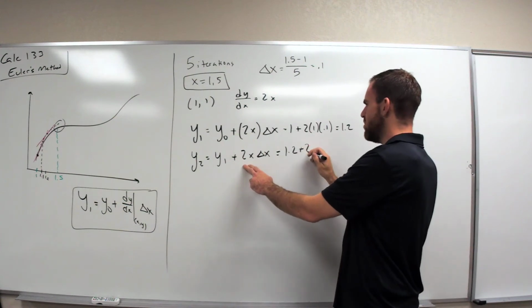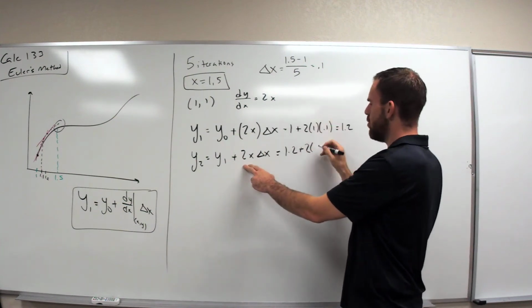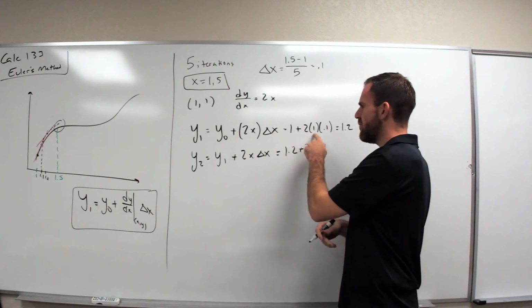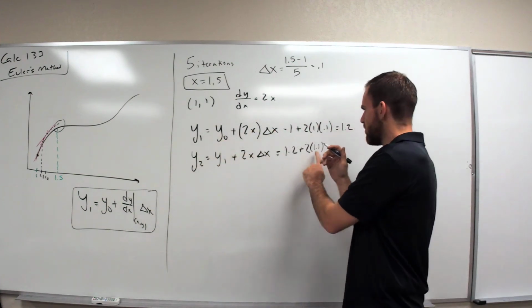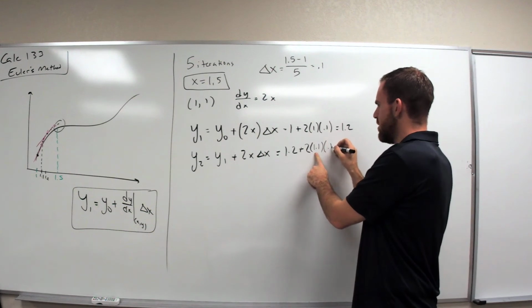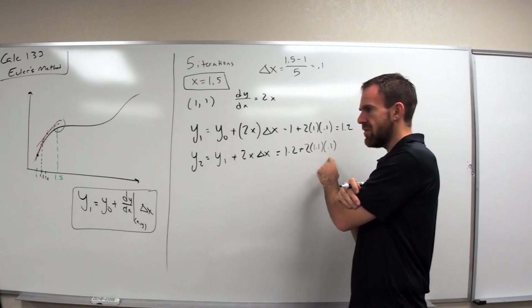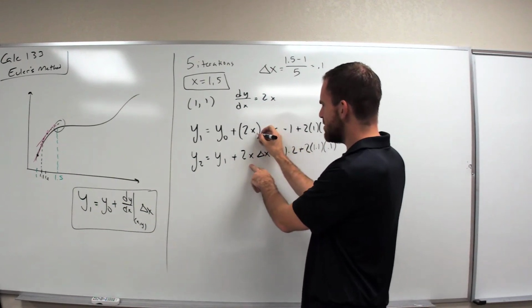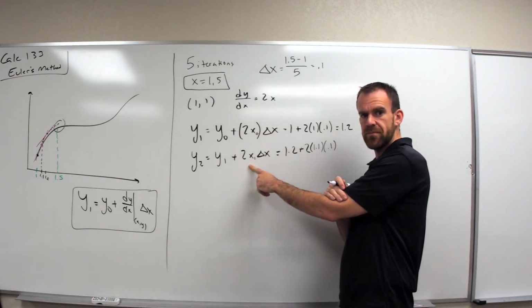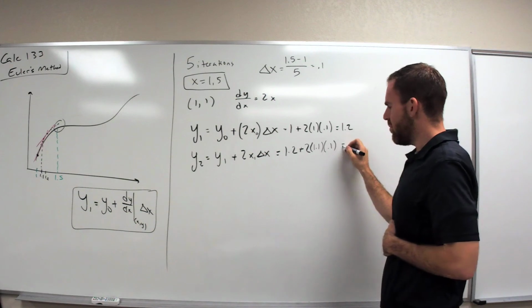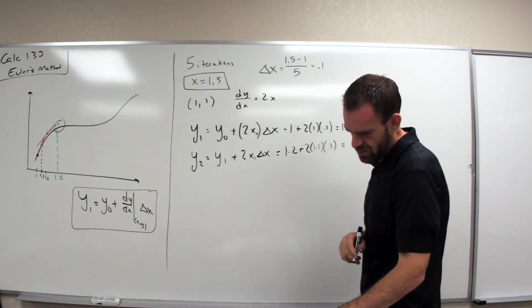Plus 2x is now 1.1, right? Before it was 1, but now I'm using the new x. Delta x is still 0.1. So if I were to write x numbers on this, this would be x0, this would be x1. Okay? Now, when we compute that, we get 1.42.